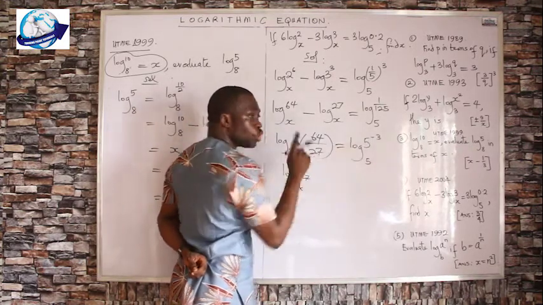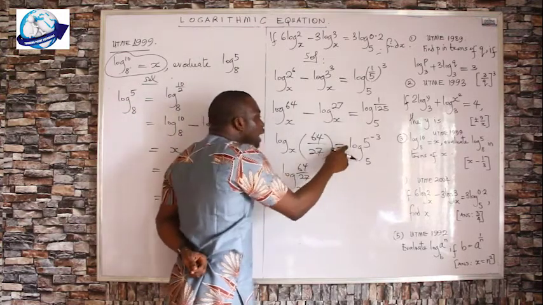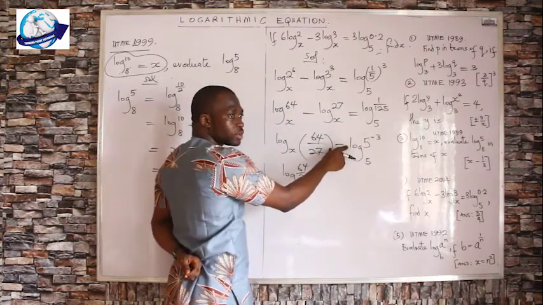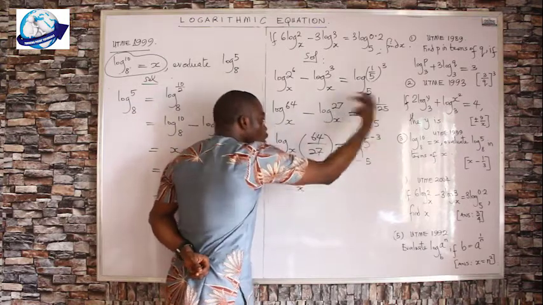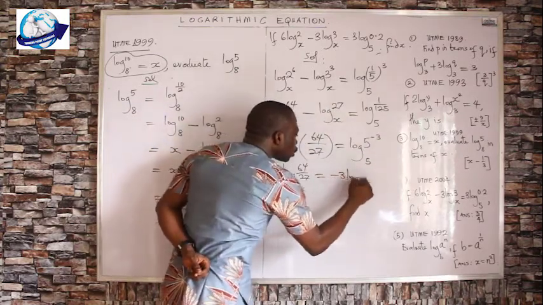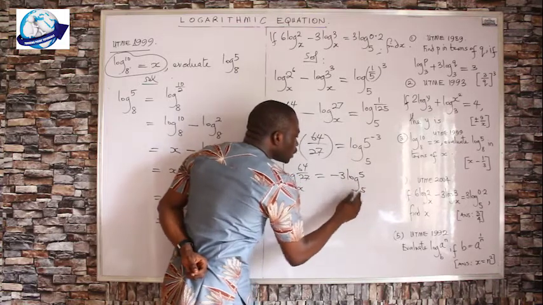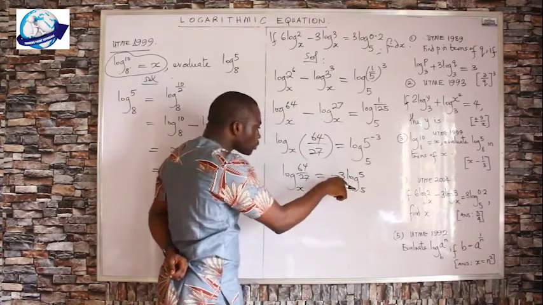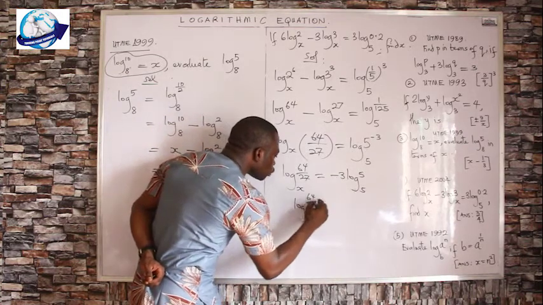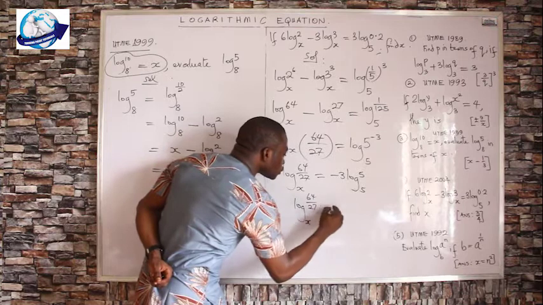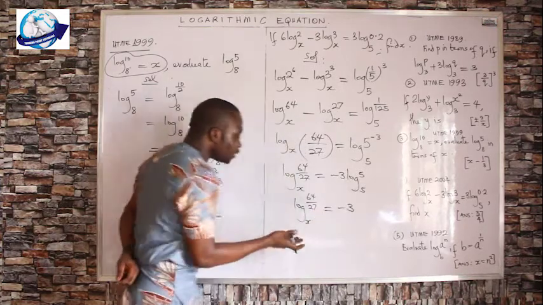This minus 3, you know what to do. It's going back as a coefficient, and it won't turn upside down. So minus 3, come back. That's minus 3 now, log 5 base 5. Now, rest the case here. It's already 1. 1 times minus 3 is minus 3. That gives you logarithm 64 over 27 base x is equal to minus 3. Oh, what do you see?